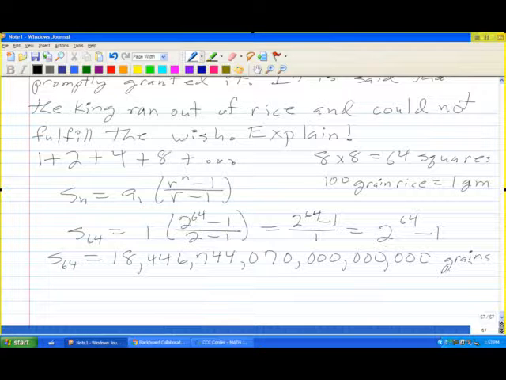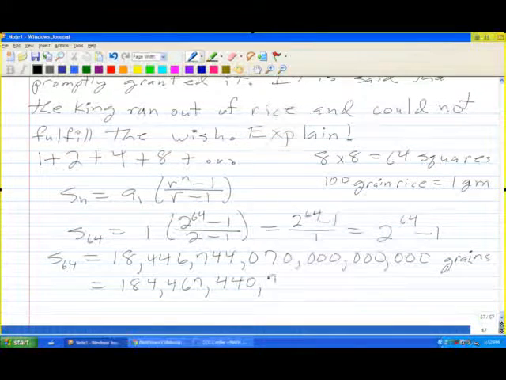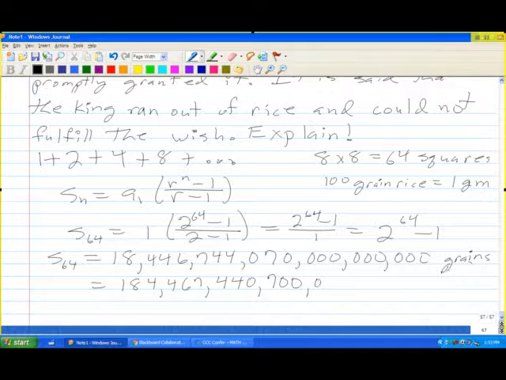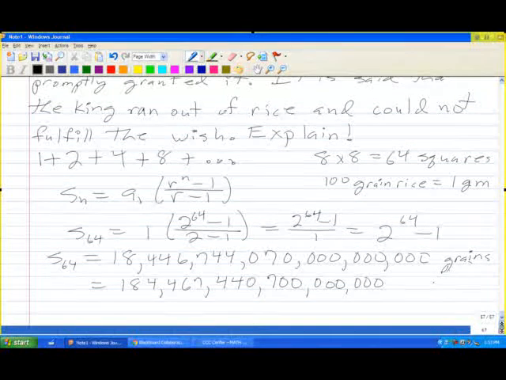So if I do that, I get 184, 446, oops, 184, 467, 440, 700 grams of rice.